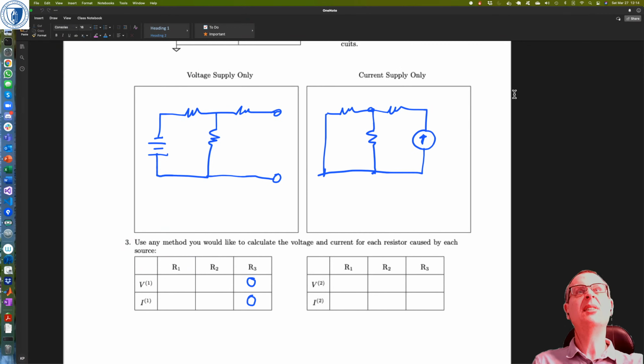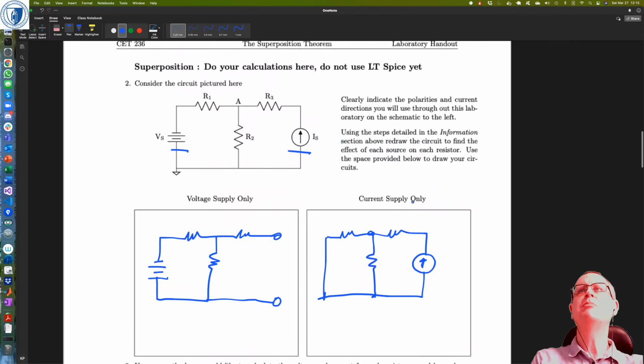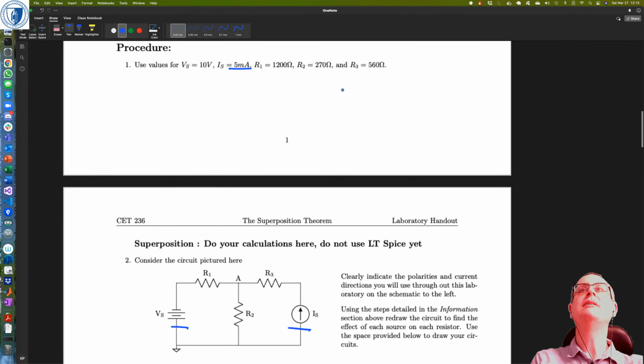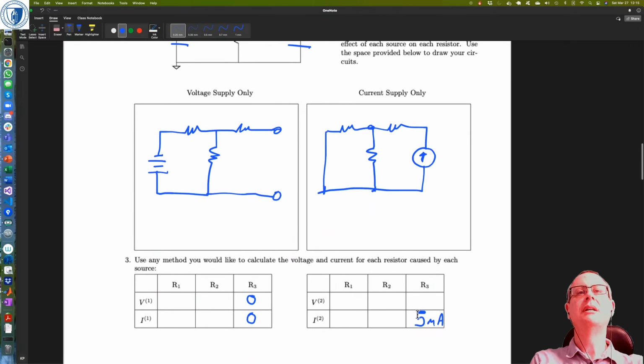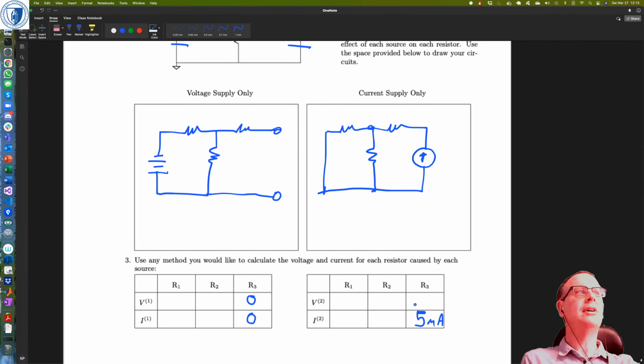Okay, so in the second part, let's go back to blue and thinner. And that should mean, what's our R3? Our R3 is 560, so that's going to be 5 milliamps times 560 to give us the volts of R3, right?